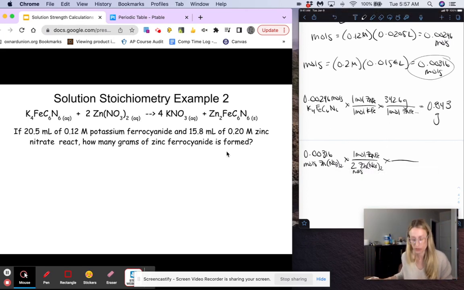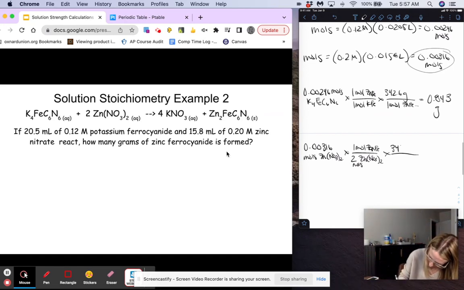I want to now convert to grams. So I get 342.6 grams to 1 mole of my zinc ferrocyanide. And so I get 0.00316 times 342.6, and then I'm going to divide that by 2, and so I get 0.541 grams produced from my zinc nitrate.